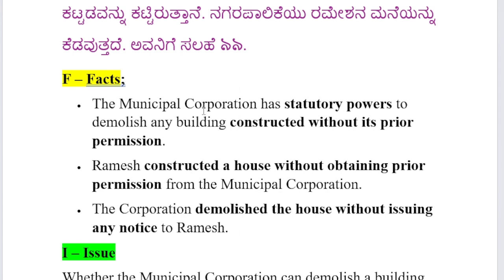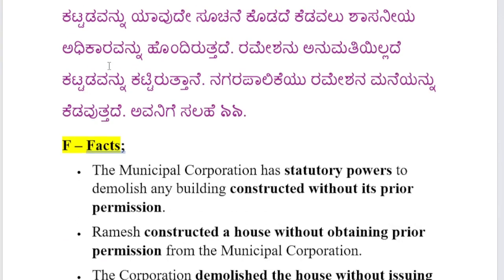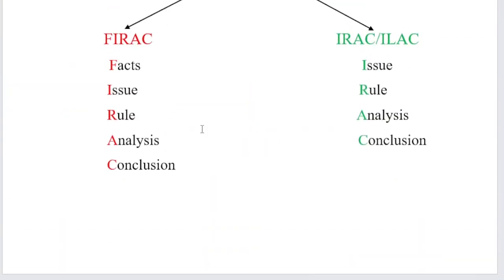To discuss this problem, it is very convenient to adopt the FIRAC method or the IRAC method. We can simplify the facts, frame the issue, highlight the rule of law, analyze all these things under the analysis part, and give the conclusion.